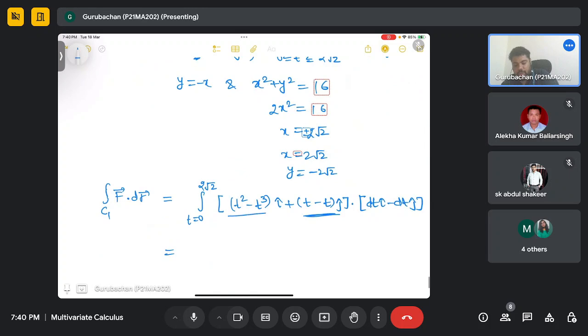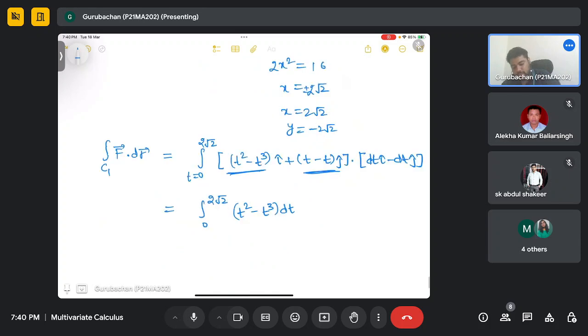The only weightage is given by the i component, which gives the integral from 0 to 2 under root 2 of t square minus t cube dt, which gives t cube by 3 minus t to the 4 by 4, from 0 to 2 under root 2.